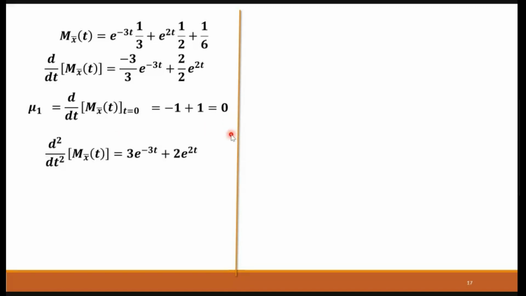Now calculate mu2. उसके लिए इसको और एक बार डिफरेंशिएट करना है, put t equal to 0, थर्ड डेरिवेटिव put t equal to 0 एक्सेट्रा, ठीक है। Let's complete this part.